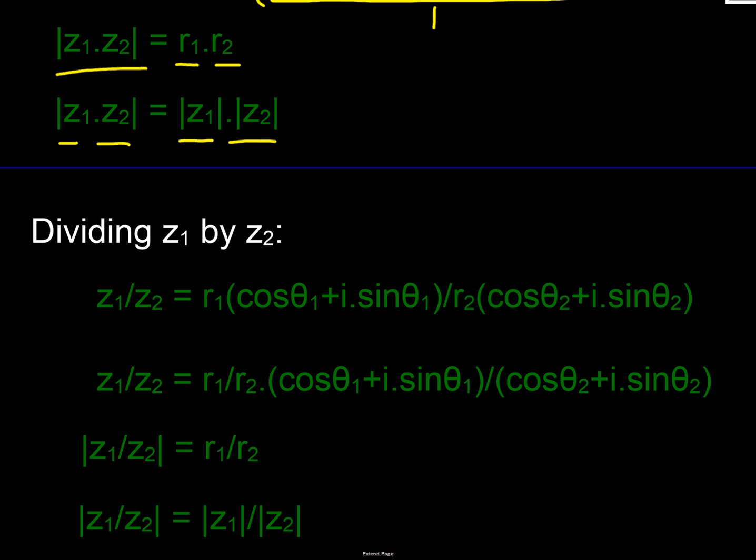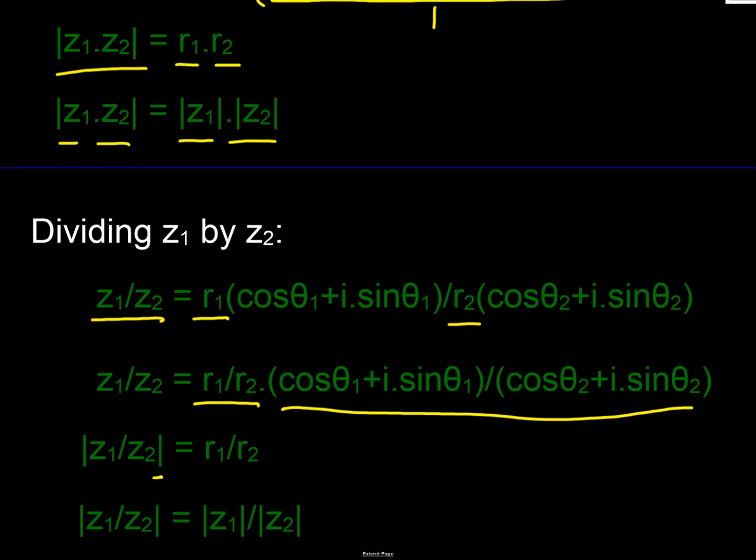What happens if we're dividing? Well, Z1 divided by Z2, we've now got our R1 at the front here and our R2 in the division there, so it's R1 over R2. Everything else that we did before will fall apart, but we know that these are both unit complex numbers, so we could go through and do all the calculations we did earlier, but I'm just going to leave them as they are.